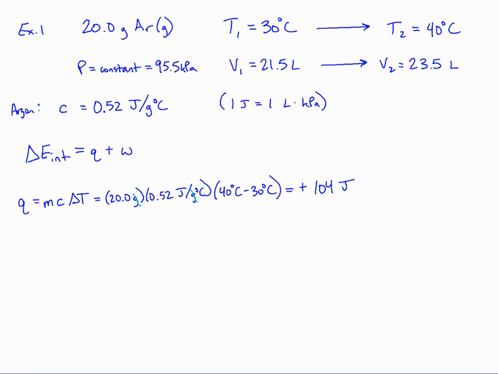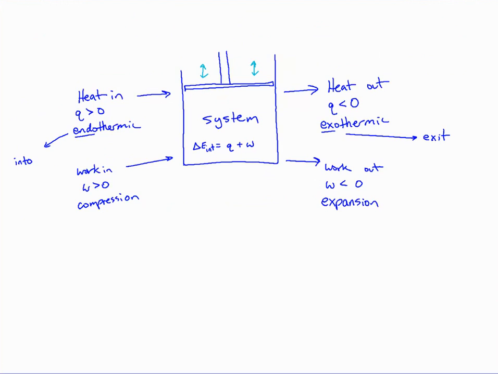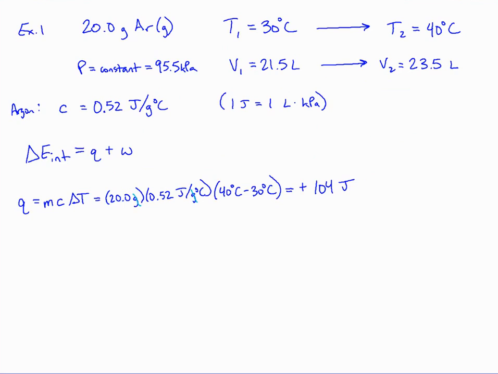So what does a positive value for Q mean? Let's flip back here. Q greater than 0, this is endothermic, which means that heat is flowing in. Heat is flowing in because Q is greater than 0.